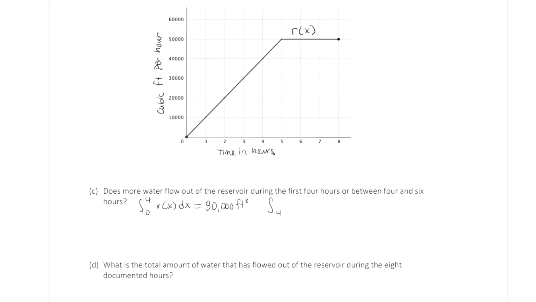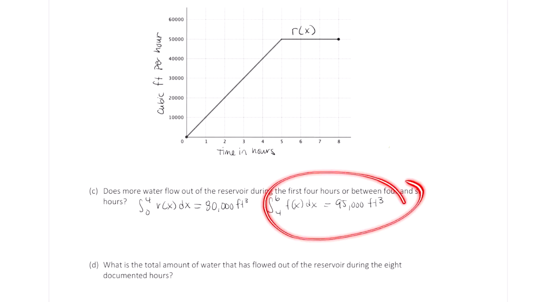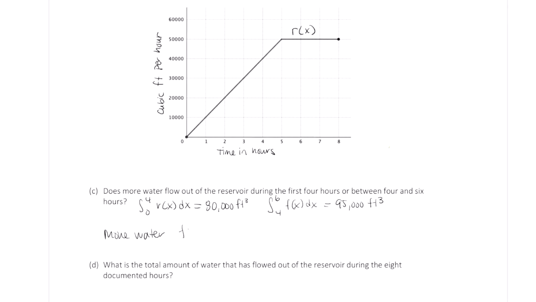And the integral from 4 to 6 of r of x dx was equal to 95,000 feet cubed. Clearly this number is larger, so more water flowed out between 4 and 6 hours.